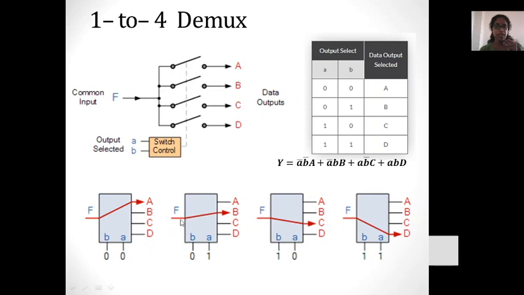There is a mismatch between the table and the diagram, but I hope it is okay. A is 1 and B is 0. The output is switching to C. So there is a change in the diagrams, but the logic is right.